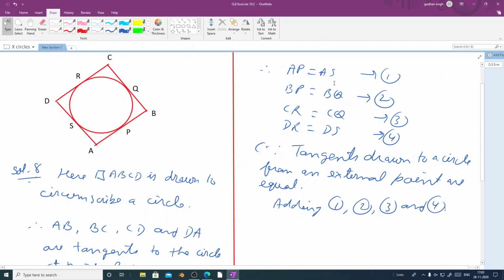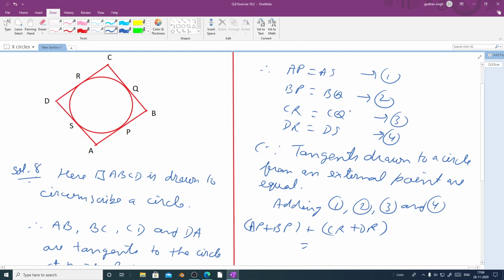So adding 1, 2, 3 and 4, we get AP plus BP, that will group together seeing the figure, plus CR plus DR, that also will group together, and that is equal to, on the right hand side, there also we group accordingly.